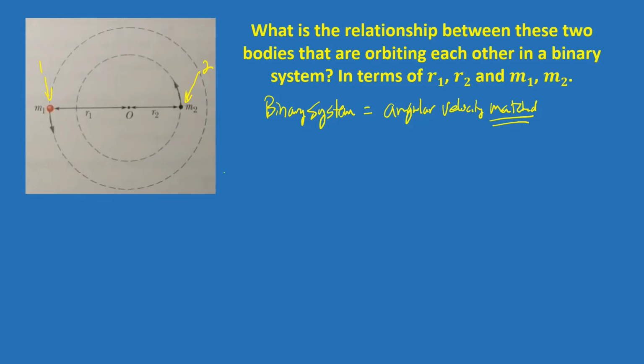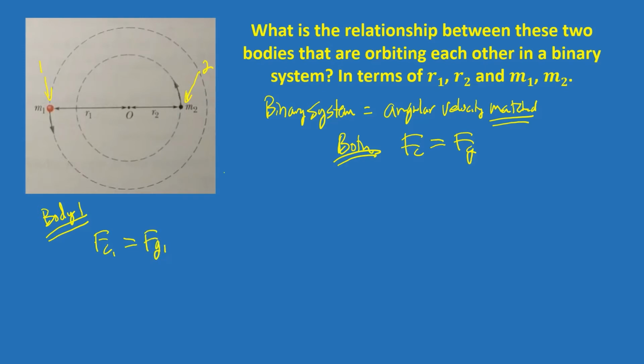Well, ladies and gentlemen, we know that we've got gravitation and we have circular motion. And so we can say for both of them, our centripetal acceleration will be equal to my gravitation. All right, and so for number 1, so we'll call him body 1, we know that my FC1 will be equal to my FG1.